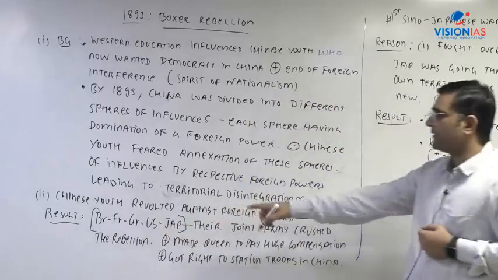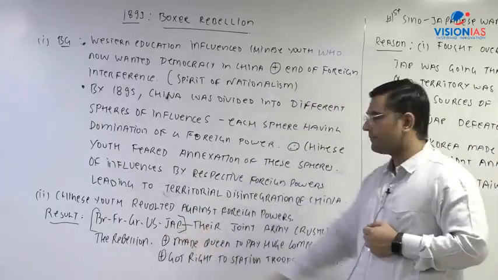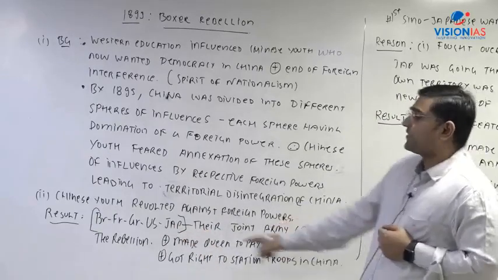The result is Britain, France, Germany, US, Japan. Their joint army crushed the rebellion.